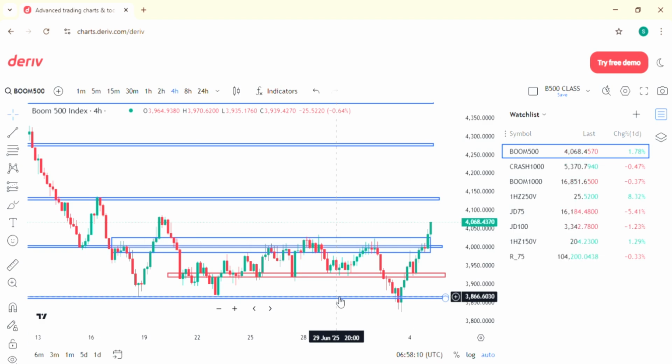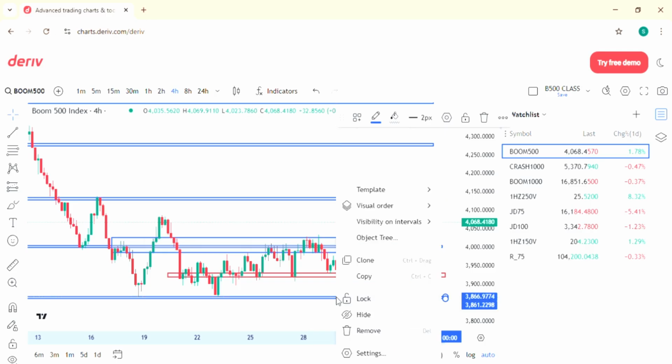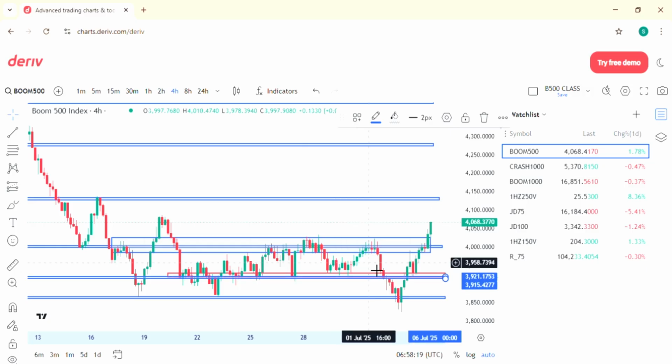After putting the first line, I highlight the line and click on clone. The moment you click on clone, it will duplicate the line to almost the same space. Then you have to adjust the line.